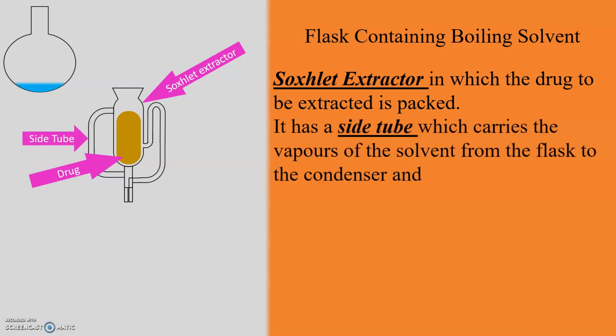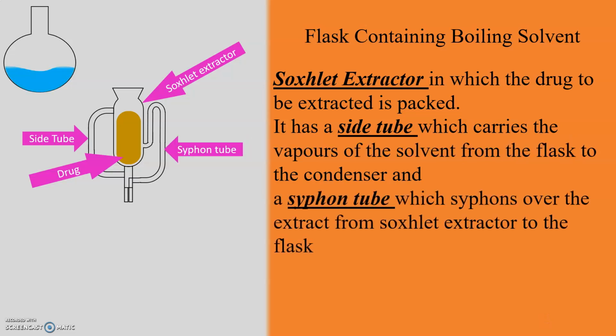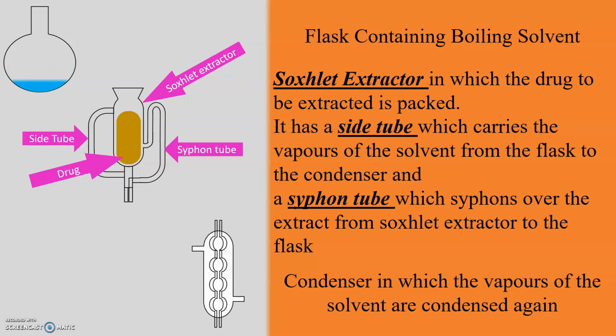It has a side tube which carries the vapors of the solvent from the flask to the condenser, and a siphon tube which siphons over the extract from Soxhlet extractor to the flask. And third part is condenser in which the vapors of the solvent are condensed again.